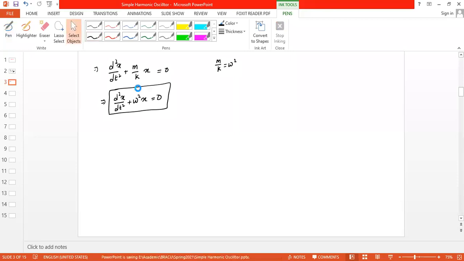This equation is called the equation of motion, or the differential equation of motion for simple harmonic oscillation. I will say a little later what the importance of this equation is.